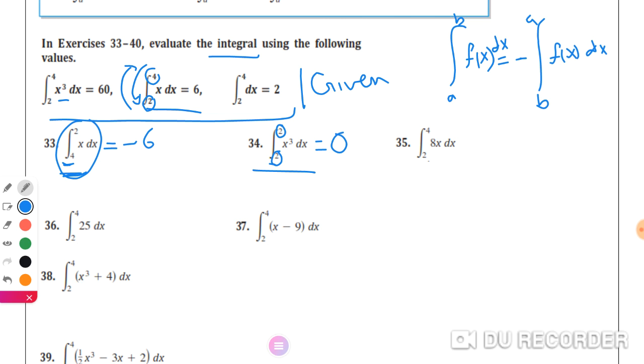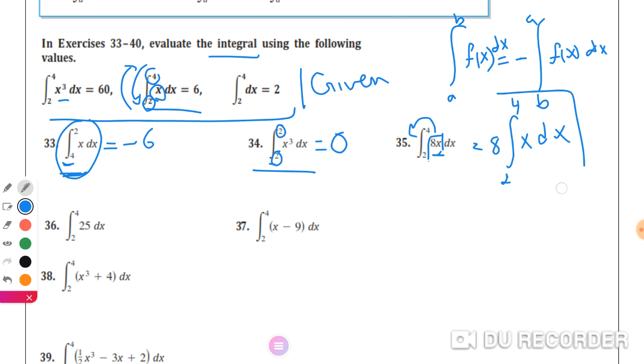Here I have this function. How do we get this function? Look here, it is this function after we multiply it by 8. When we multiply a number by a function, I take this number out of the integral symbol and rewrite the function x dx.